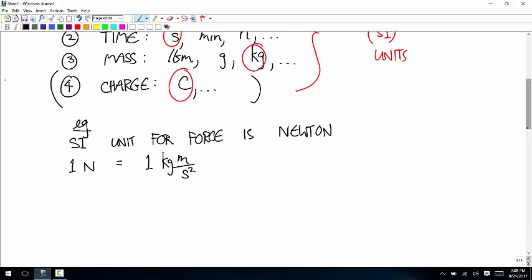So measured quantities are always a number and a unit, right? It's always going to be 50 meters or 66 seconds, a number and a unit.